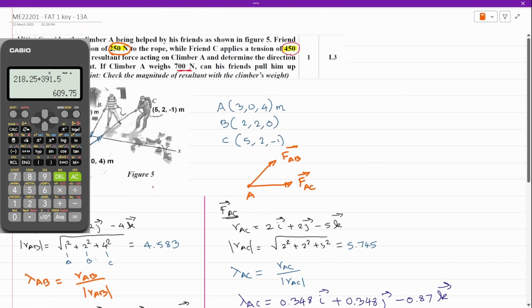The next thing is, they are also asking whether the friends are able to pull him out of this hill.